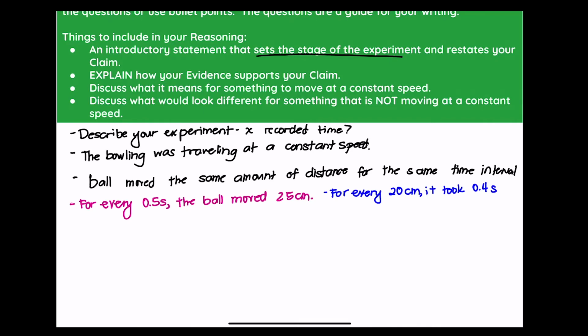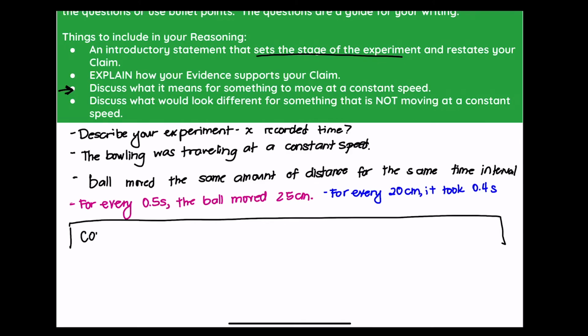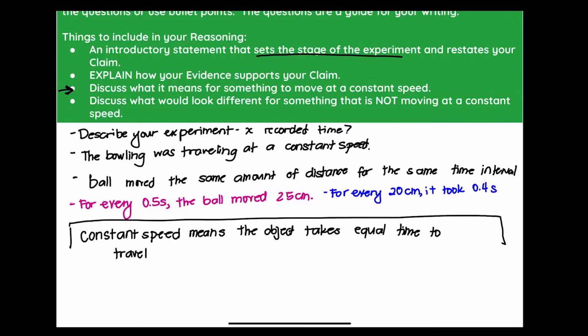Now, let's talk about what it means for something to move at a constant speed. And this is the part where it's kind of important, so I'm going to put it in the box. All right. Constant speed means that the object takes equal time to travel equal distances.